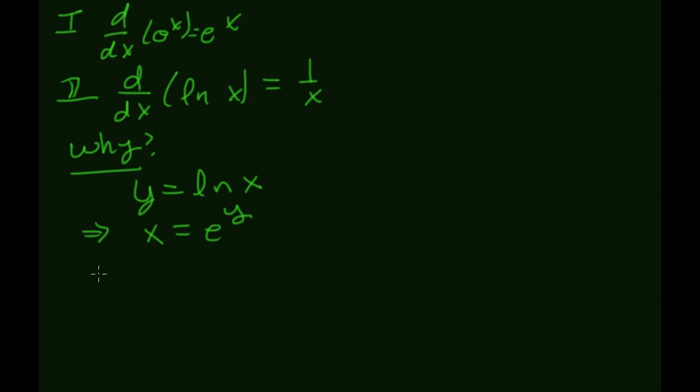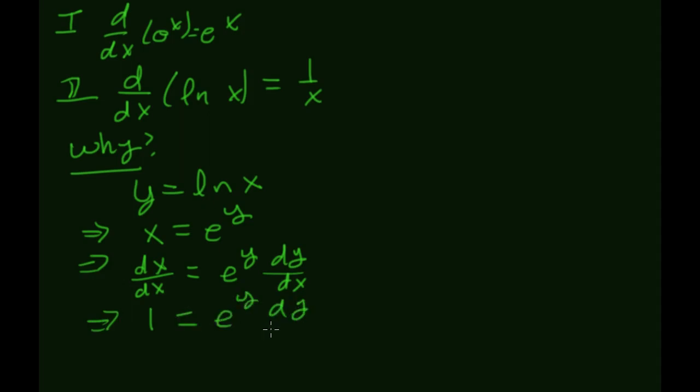So use implicit differentiation. dx over dx is e to the y times the chain rule, dy dx. Because we just proved that the derivative of e to the y is e to the y, but we have a chain rule here because we're differentiating with respect to x. So this means 1 is e to the y dy dx.